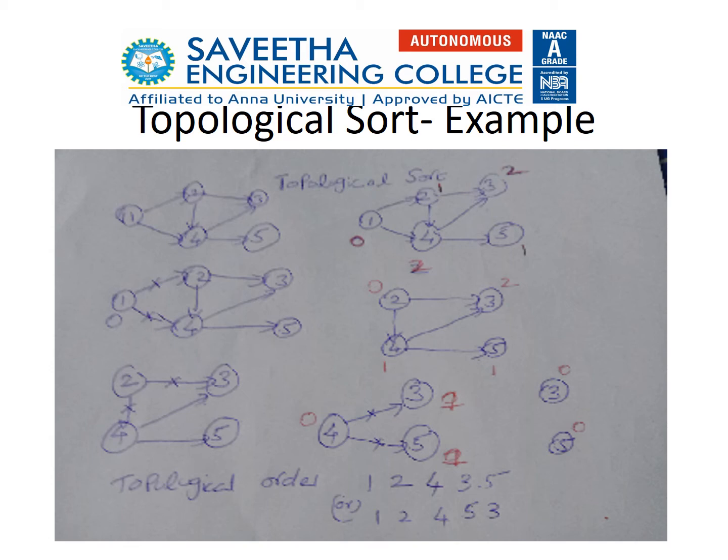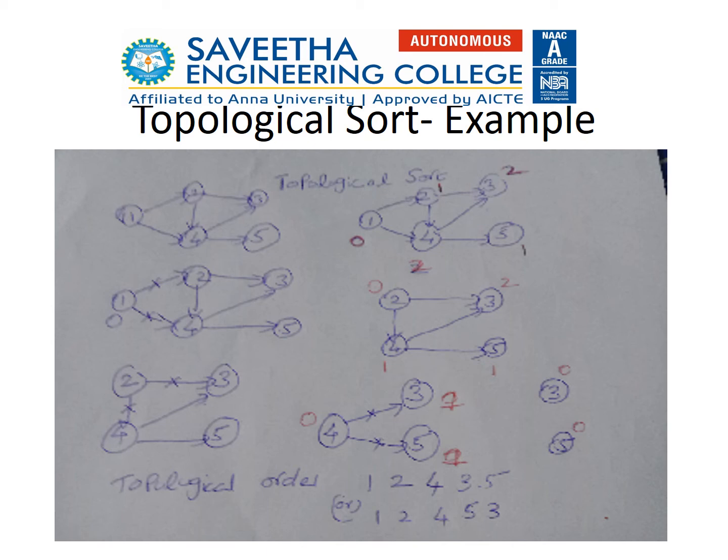Again I calculate the in degree for all the nodes: node 2 is 0, node 3 is 2, node 4 is 1, node 5 is 1. The ordering starts with in degree 0, so I start with 2.